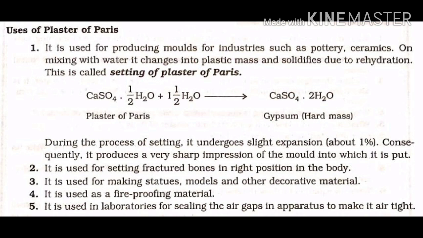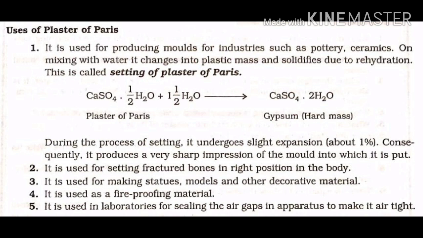Uses of plaster of Paris. It is used for producing molds for industries such as pottery and ceramics. On mixing with water, it changes into a plastic mass and solidifies due to rehydration. This is called setting of plaster of Paris.